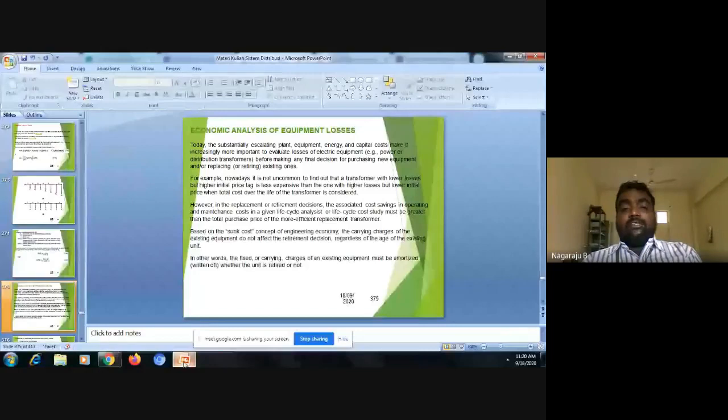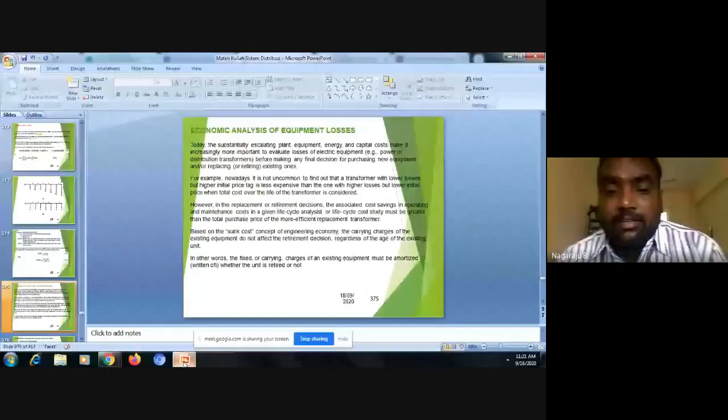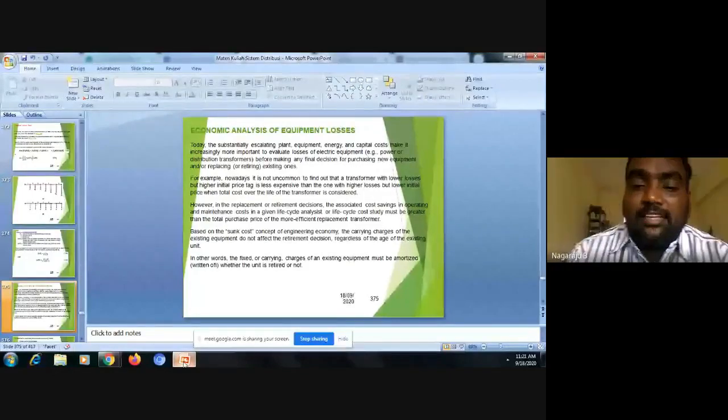Okay, based on the same concept of engineering economy, the carrying charges of existing equipment do not affect the retirement decision, regardless of the age of the existing unit.